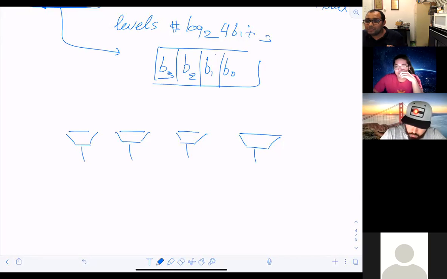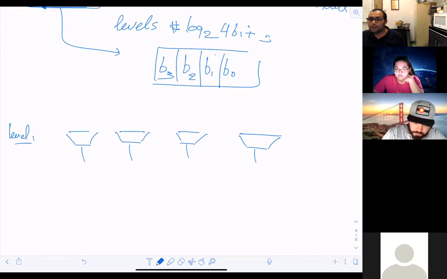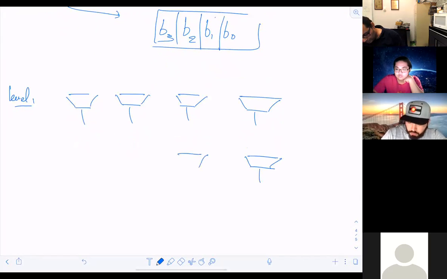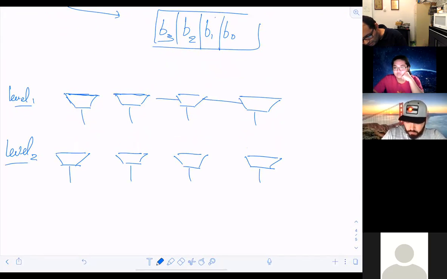This is the 4 in the first level. So that's actually level 1. Let's do level 2. Level 2. Then when I say level, that means the select of these are the same.